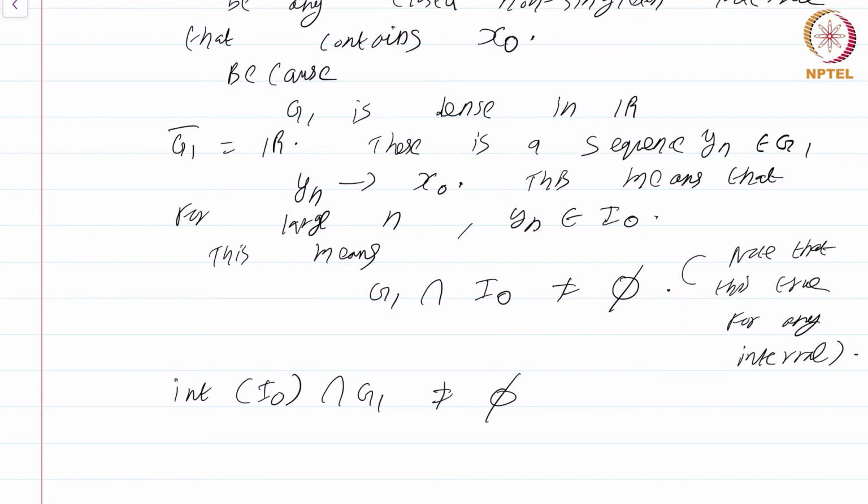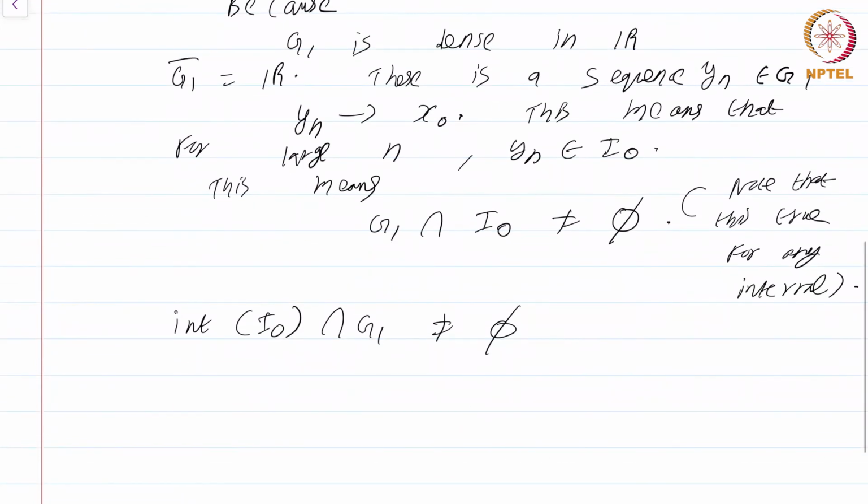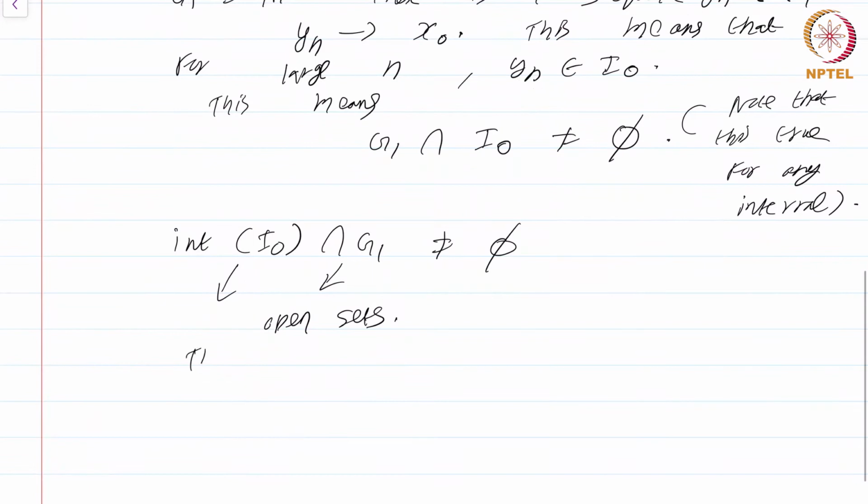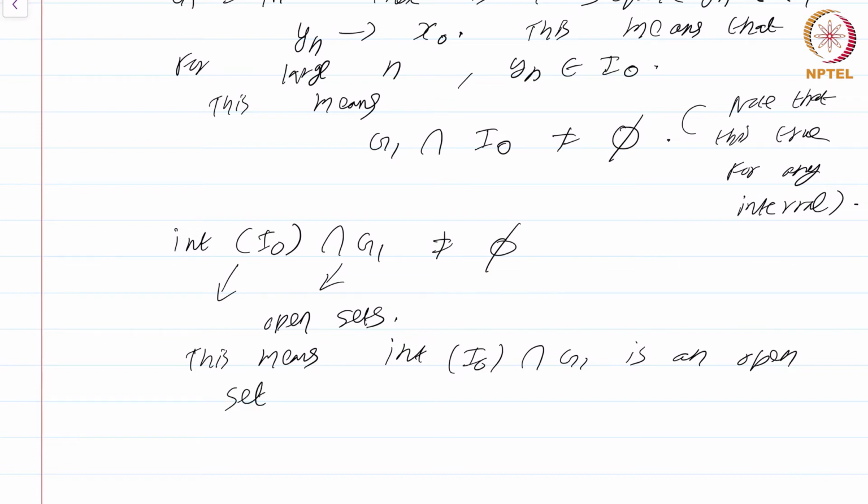But both of these are open sets. Okay. This means interior of I0 intersect G1 is an open set, because the intersection of two open sets is an open set.